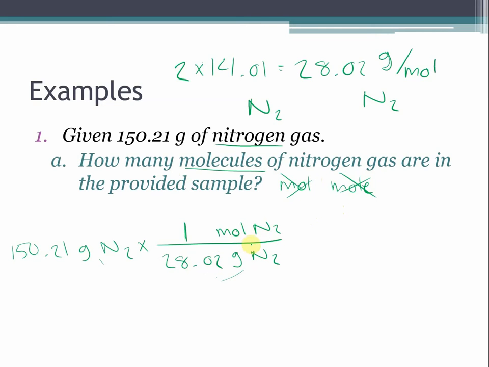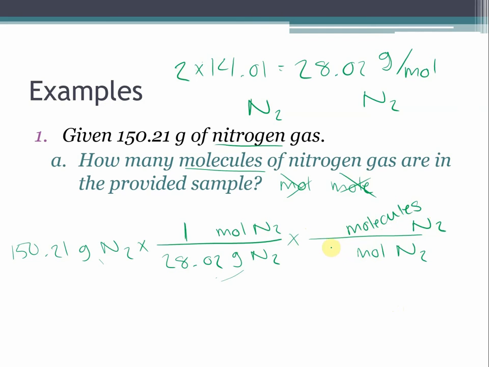Moles is moles. So we have 1 mole of N2. We will multiply again by another fraction. What goes up must come down. Moles of N2 go on the bottom. Molecules of N2 will go on the top.